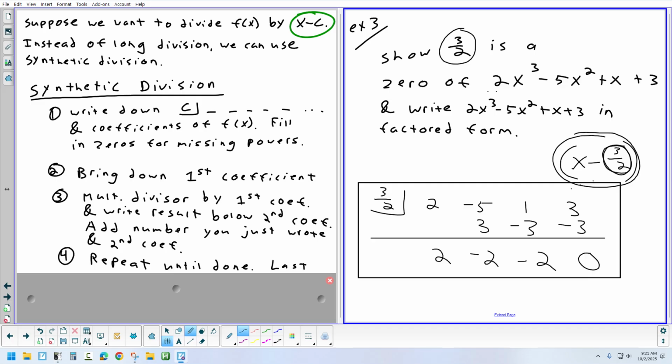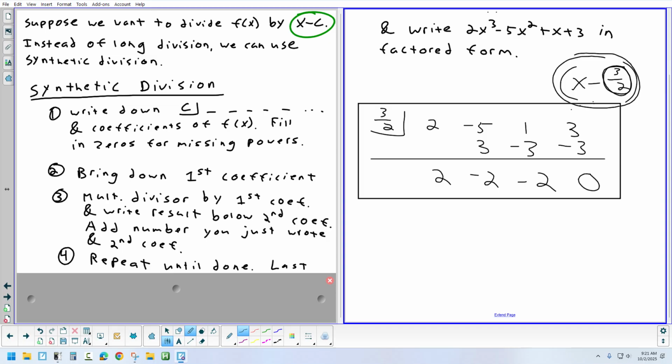Okay. Now we've got to interpret that last row. What do you think that last row means? It's my answer for the division problem, but I'm going to figure out what's going on there. Yep. X squared minus 2x minus 2. Okay, close.